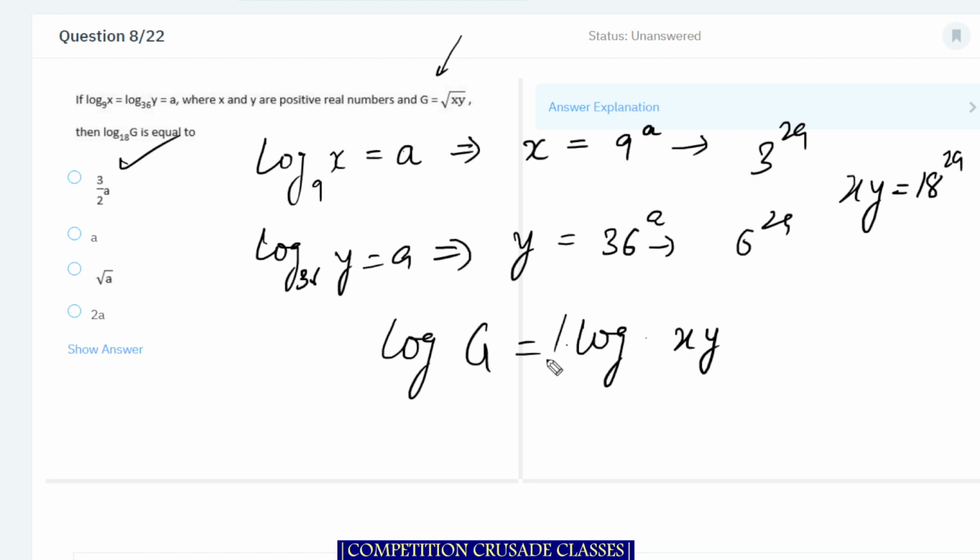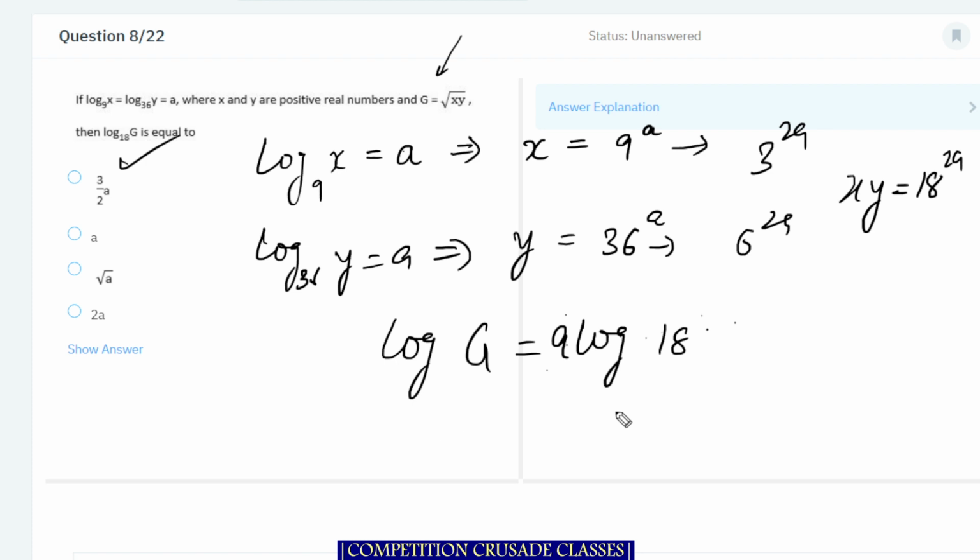The value of xy is given here, that is 18 raised to 2a, so log 18 to the 2a. Now that 2a will also come outside, which eliminates the half and only a remains. Now log g is equal to a log 18.